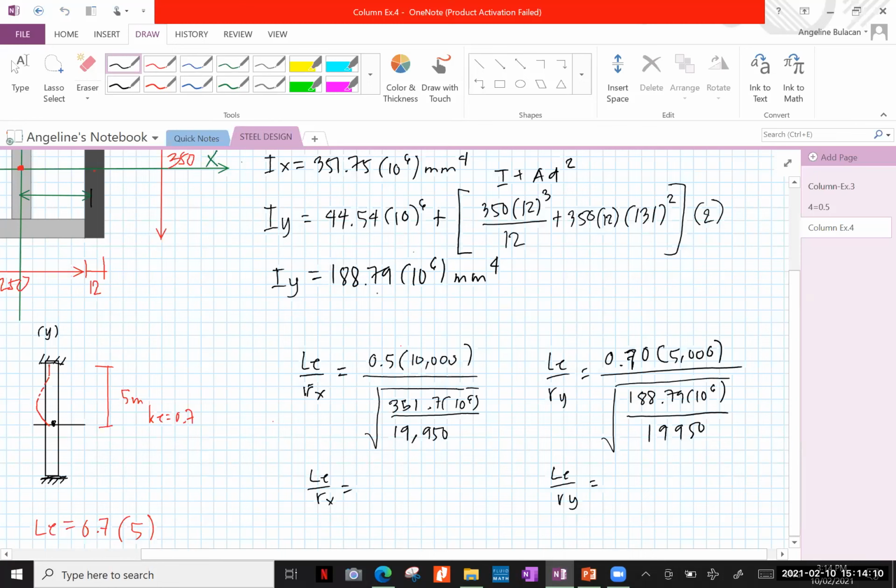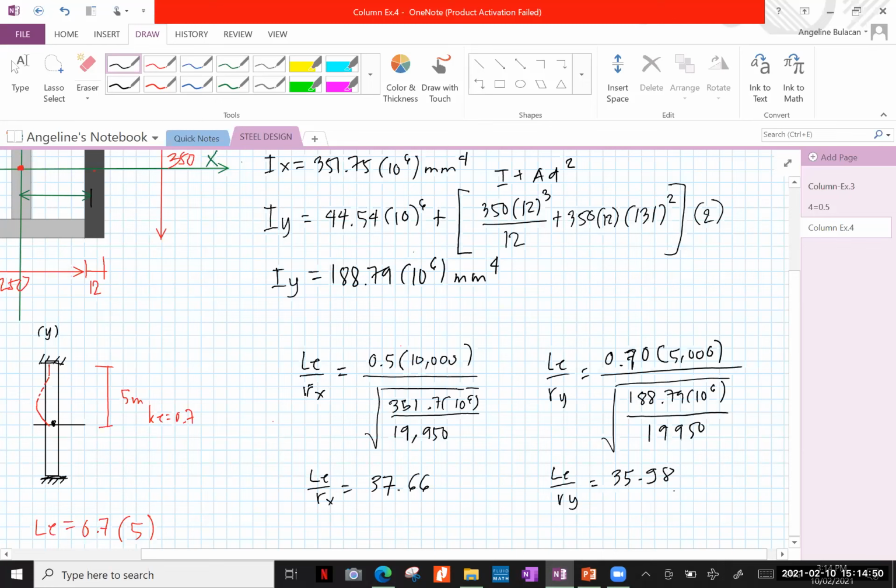So, if you stored the value, ito yung lalabas. This is 37.66. And then yung RY natin is 35.98.